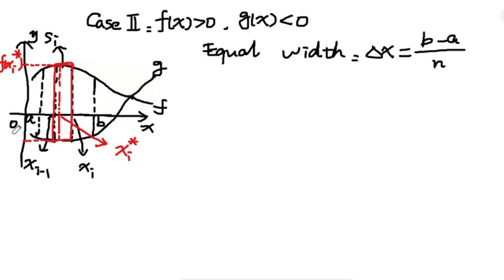When the x value is x_i star, the function value will be g(x_i star). Now what is the height of this rectangle? That will be this part and this part, so it seems like it will be the positive part plus the length of the negative part, right?